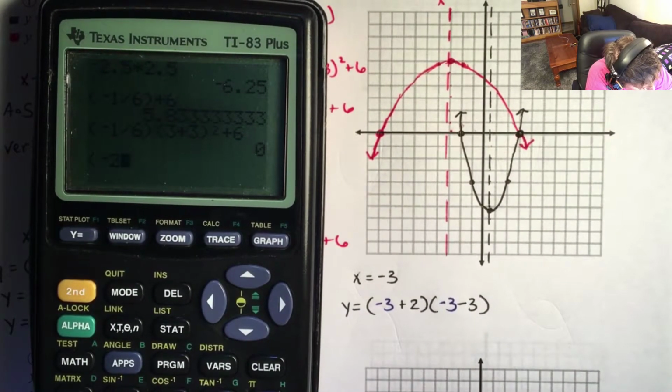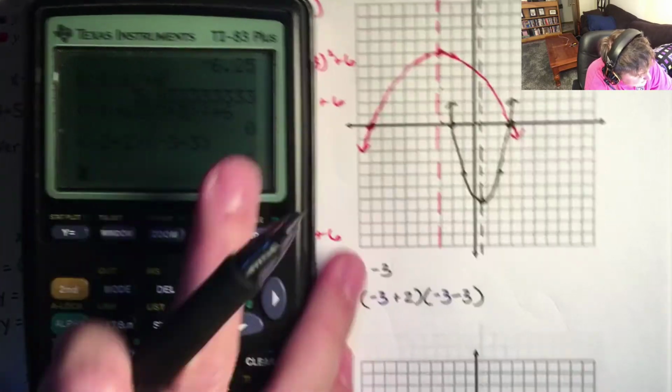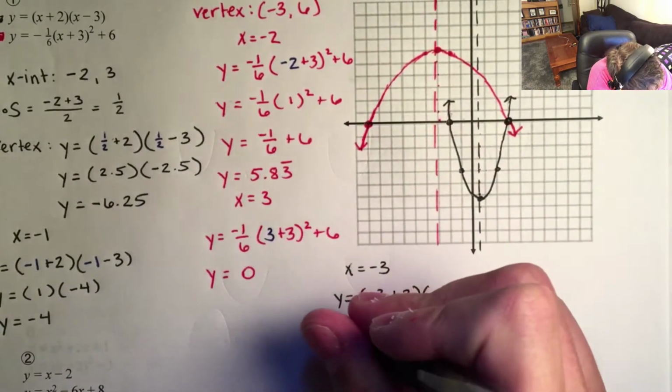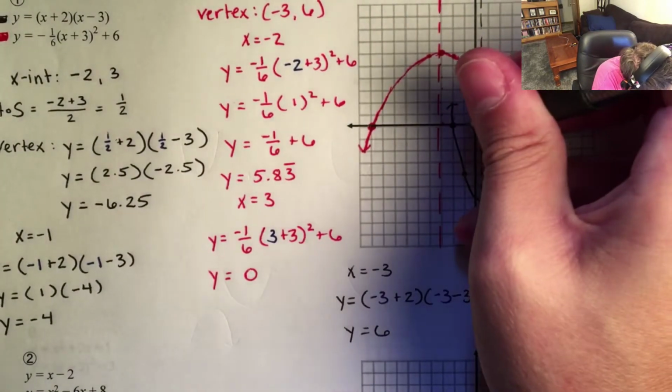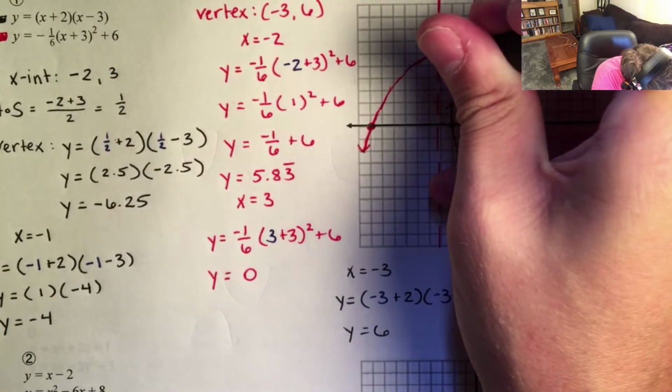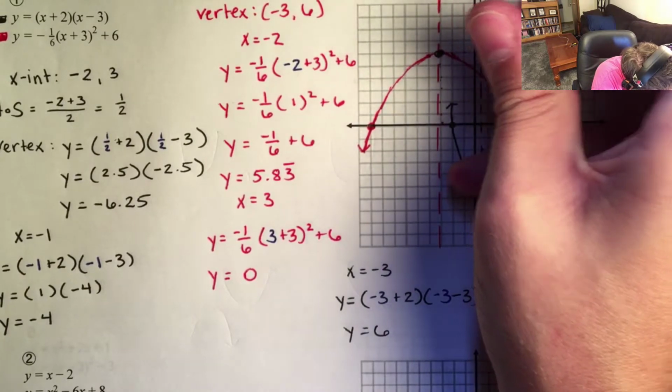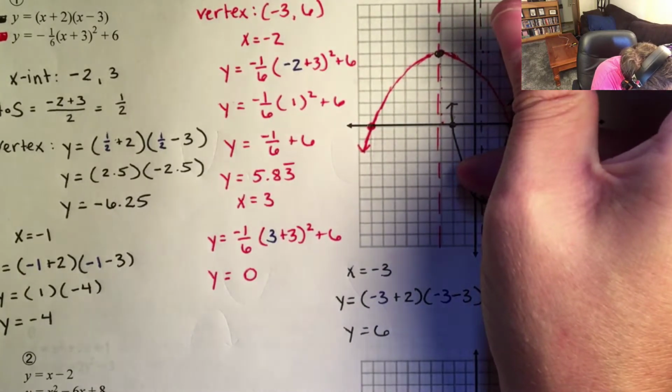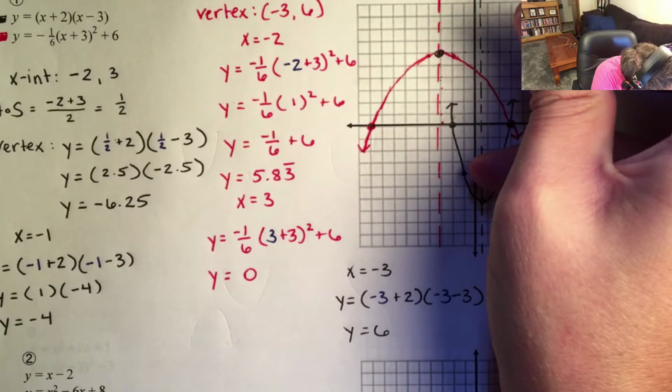Okay, negative 3 plus 2 times negative 3 minus 3 is just 6. Okay, so this is y is equal to 6. 1, 2, 3, 1, 2, 3, 4, 5, 6. This is perfect, right? Now they intersect there. A half, 1 and a half, 2 and a half, 3 and a half away from the line.